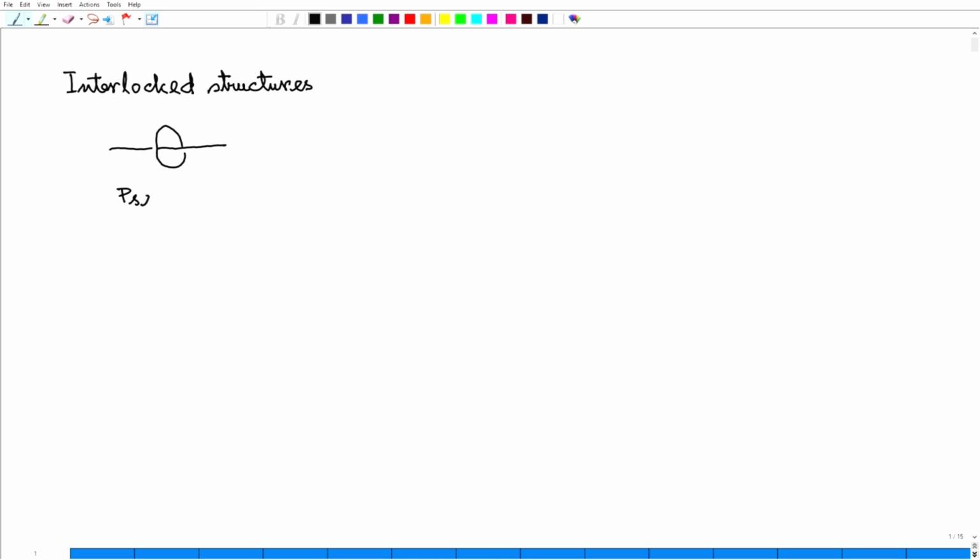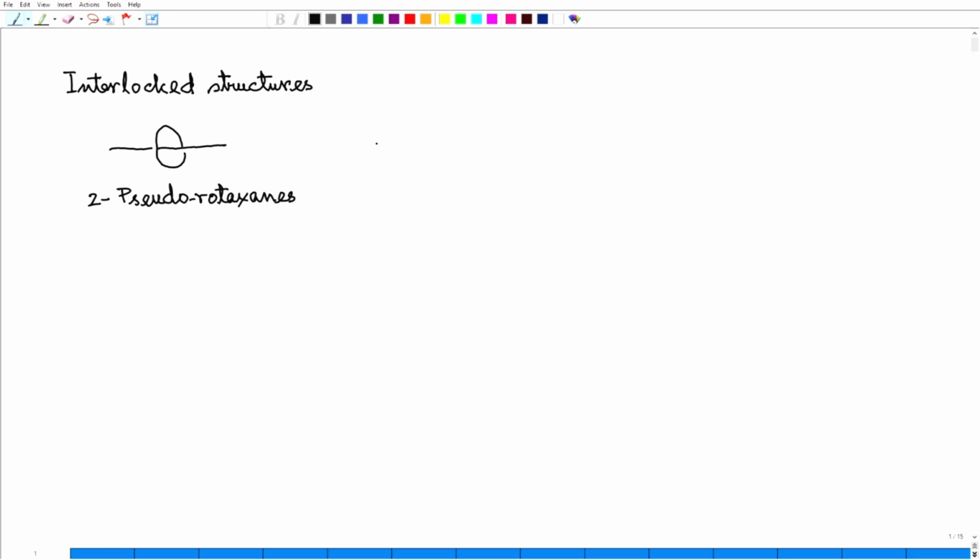And we will call it 2 pseudo rotaxane. Why 2? Because this is 1 and this is 1. We have 2 components. That is why it is 2 pseudo rotaxane.